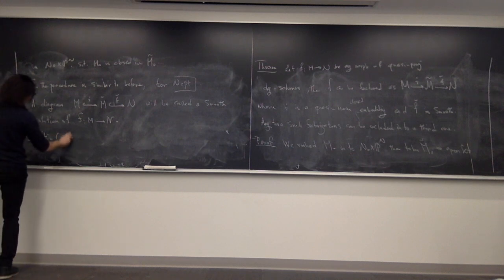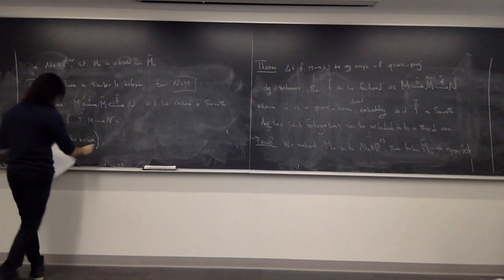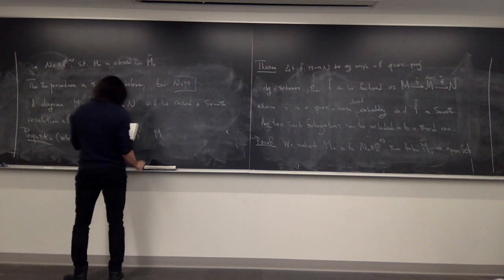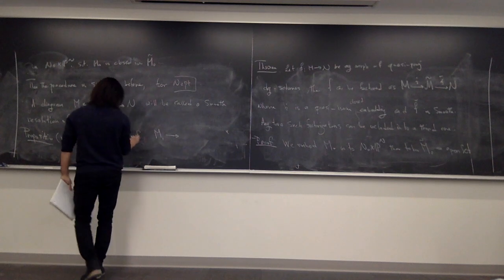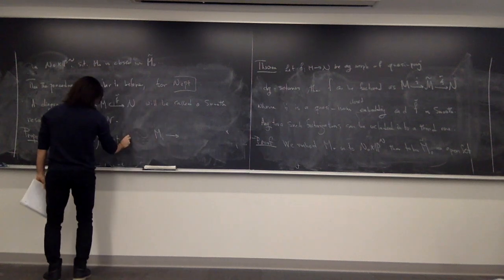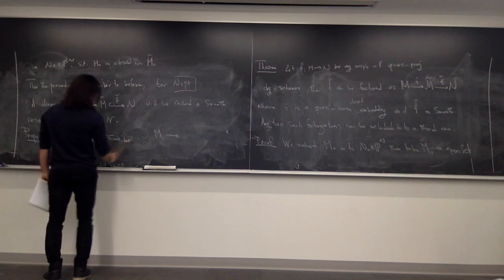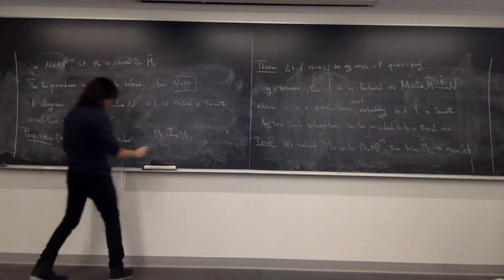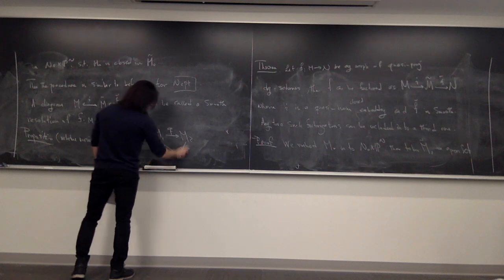This is the relative version that says: let us consider a morphism of two DG schemes M1, M2 over some given DG scheme N. Let's call them F1 and F2.